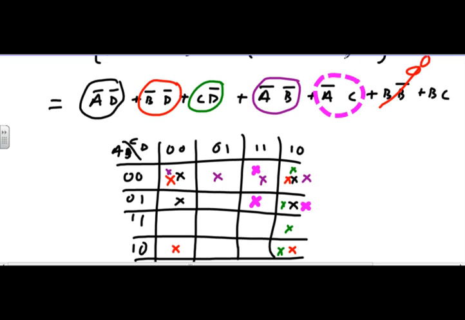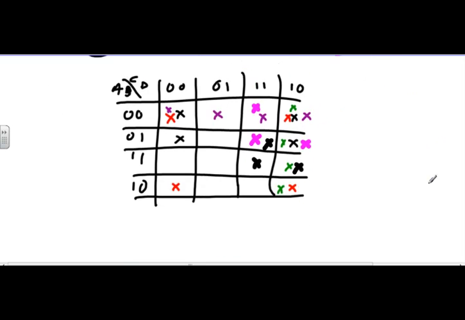Okay, and then there's only one more to do: B naught, B, C. Okay, so the Karnaugh map is right. And now I can go and grab that, and that would be A naught, B naught.